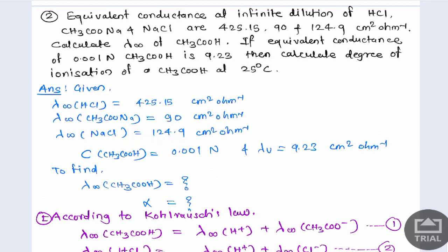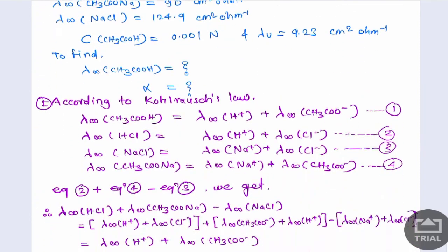Then the equivalent conductance of acetic acid: concentration is given, 0.01 normal, and lambda V value is given, 9.23. Lambda infinity is asked first and then alpha is asked. So let us solve this problem.